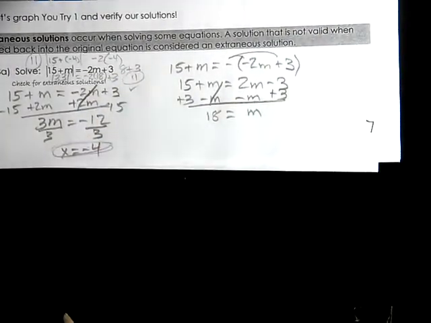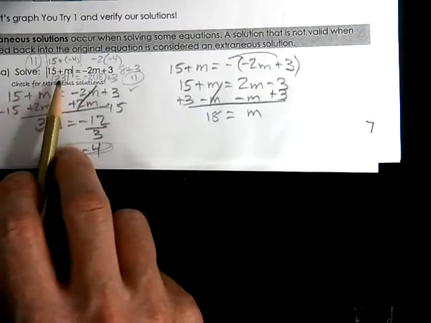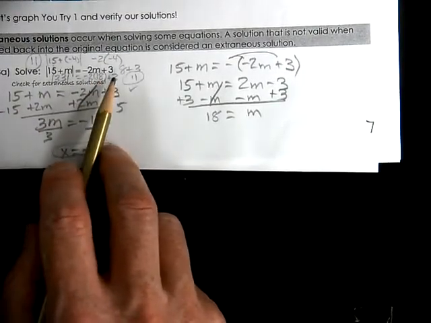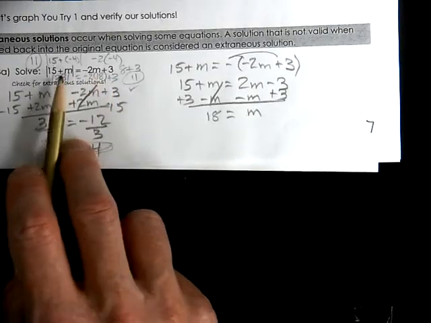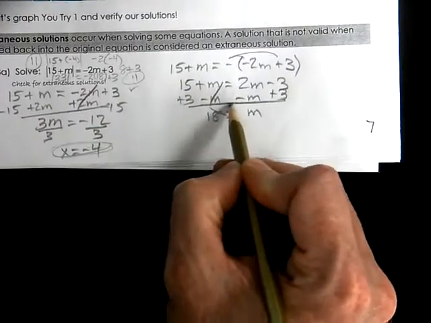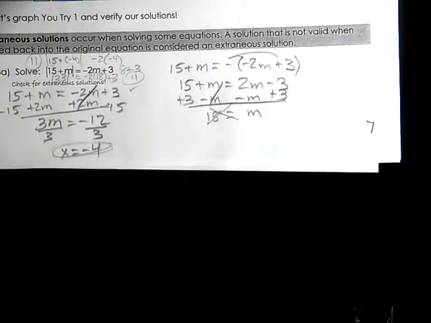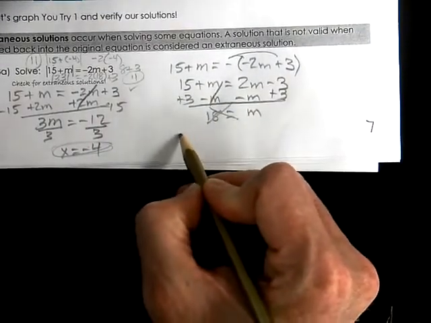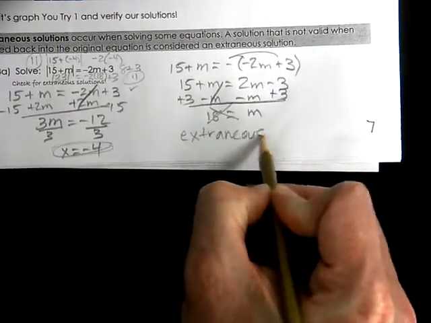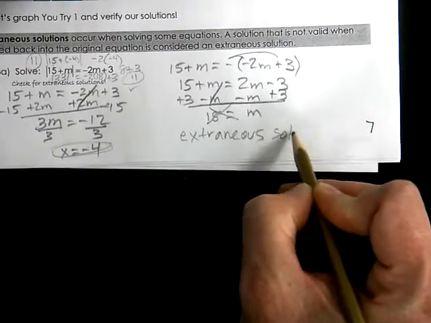That's -33. The absolute value of 33 is not equal to -33. So notice how they're not the same on both sides of the equal sign. So this one is not a solution. So we put an X through it, and we write the term extraneous solution.